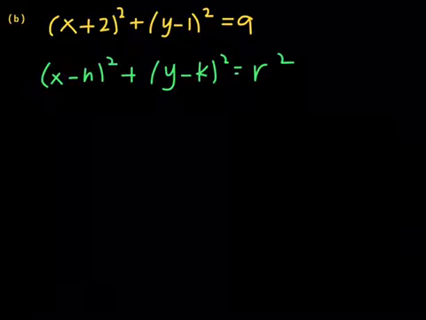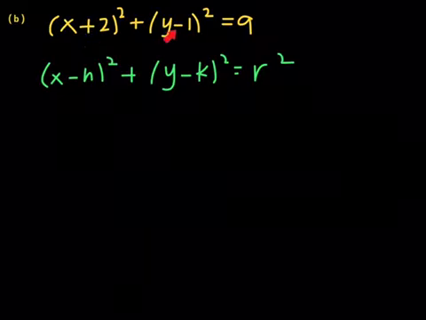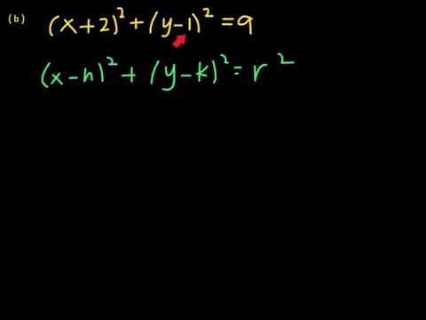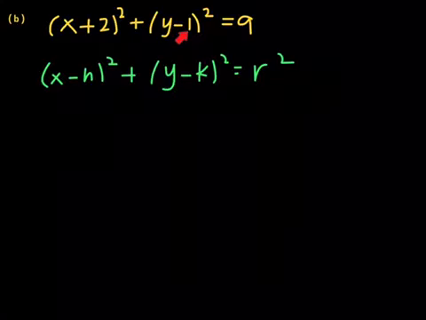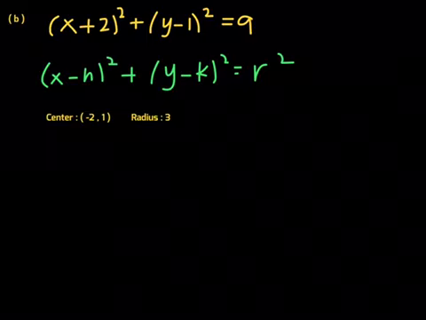Because of those expressions, we're going to take the opposite number that we see. We did a similar thing when we were studying parabolas. So because I see x plus 2 here, I know my center is really negative 2. And then I see a minus 1 here, so I know the second coordinate of my center is positive 1. Negative 2, positive 1, all right?